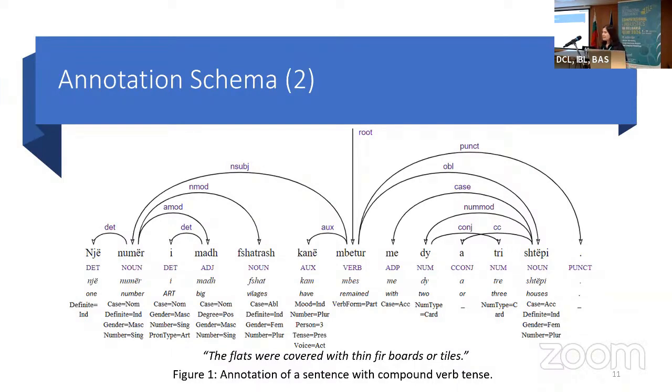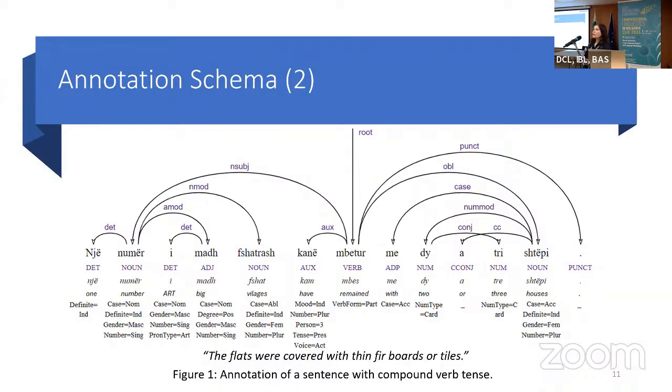compound verb tense. So the verb in Albanian is complex. If you want to annotate it, we have a lot of moods, and in this Treebank, we can see that we are missing some of them.